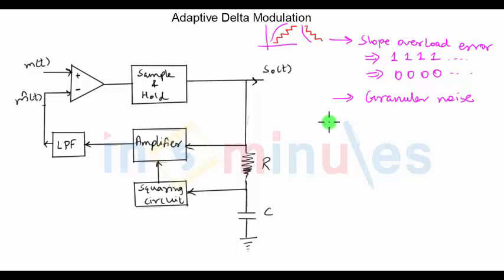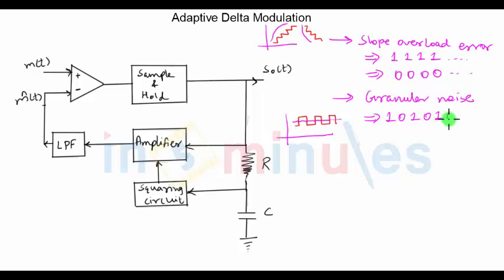The second drawback that we had discussed was granular noise. What was the granular noise? If you recall quickly, granular noise takes place when your modulating signal does not change. It remains almost constant. In this case, m cap t will keep on oscillating around the almost constant m of t. You can see in one cycle m cap t will be greater than m of t, in the next cycle m cap t will be less than m of t, and hence the output will be an alternate occurrence of 1 and 0.